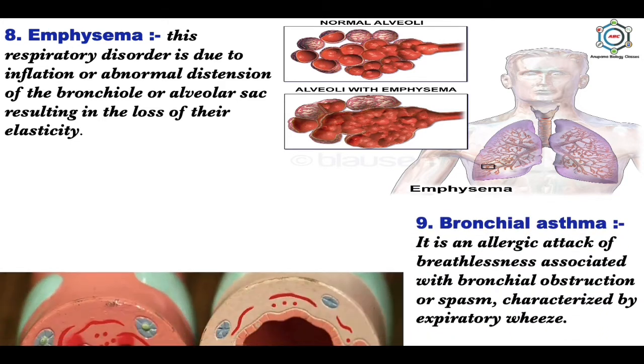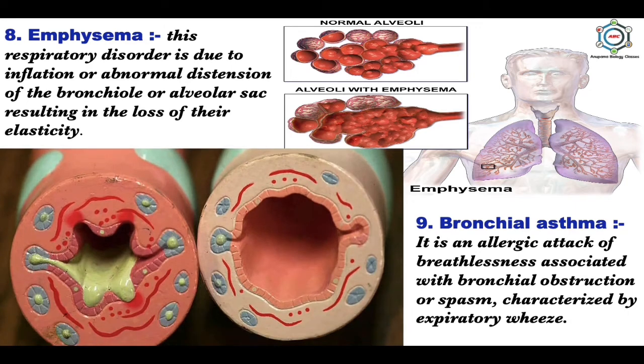Now, bronchial asthma. It is an allergic attack of breathlessness associated with bronchial obstruction or spasm, which is characterized by expiratory wheeze. In the picture, you can see this is the bronchial asthma and this is the normal structure of the bronchioles.